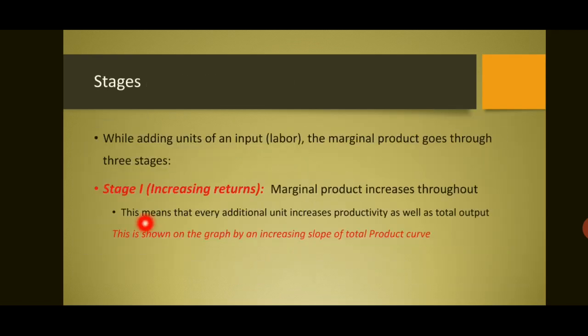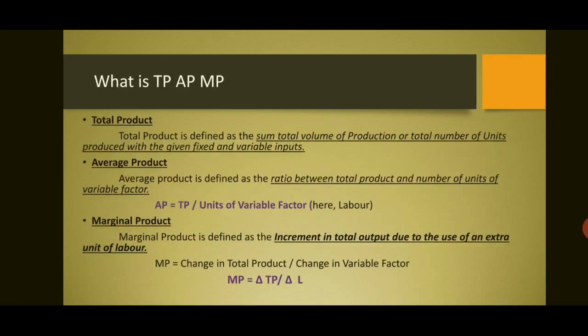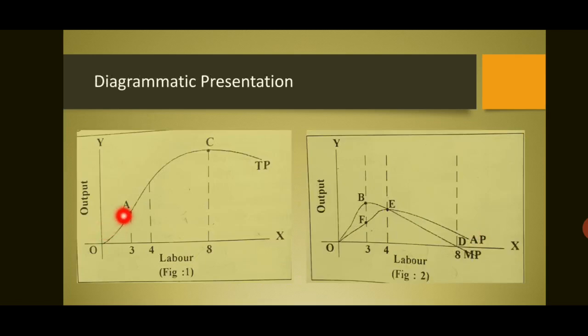So this is shown in the graph by increasing slope of the total product curve. So this is known as stage 1, when marginal product becomes maximum, and marginal product becomes maximum at 100 quintals. So this is the stage 1 part.